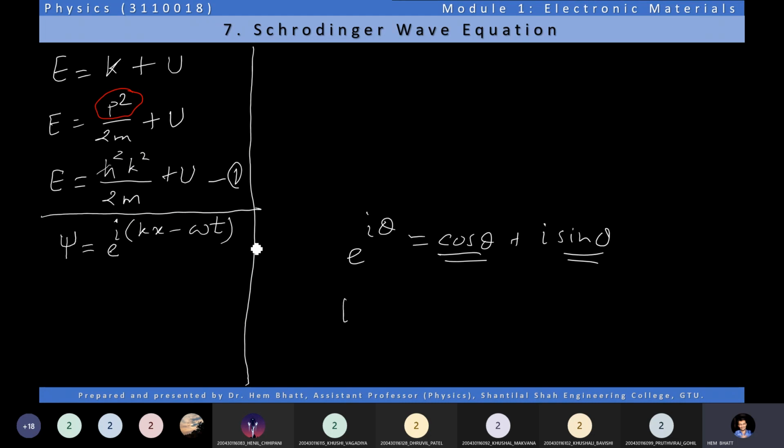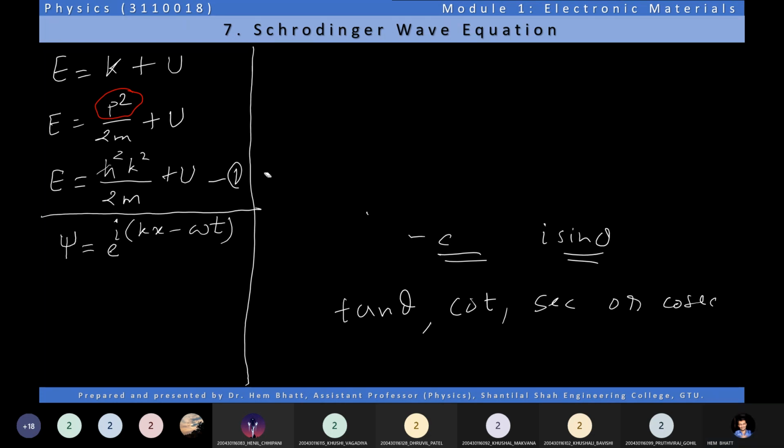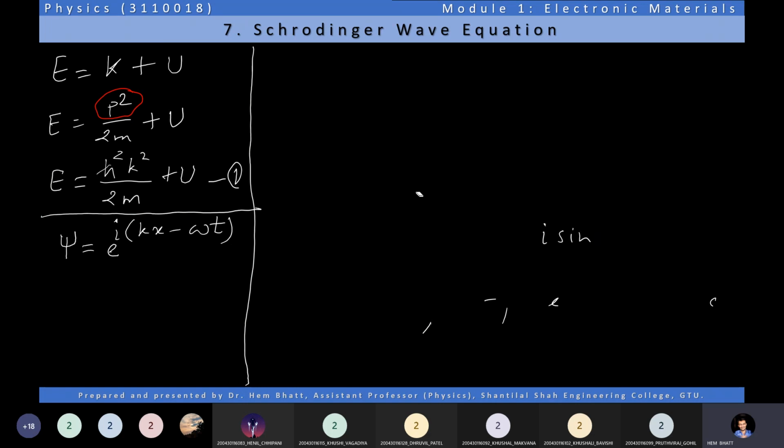So no wave equation can be represented by tan or cot or sec or cosec. કોઈ પણ તરંગ ઇક્વેશનમાં આ ચાર ફંક્શન ન હોઈ શકે. It has to be either cos or sin. A wave equation must be a continuous equation. So it has to include either sin or cos or some combination of the two.